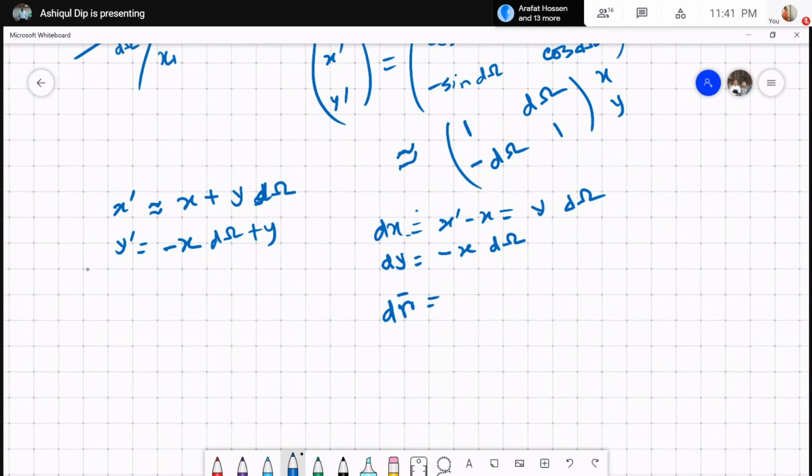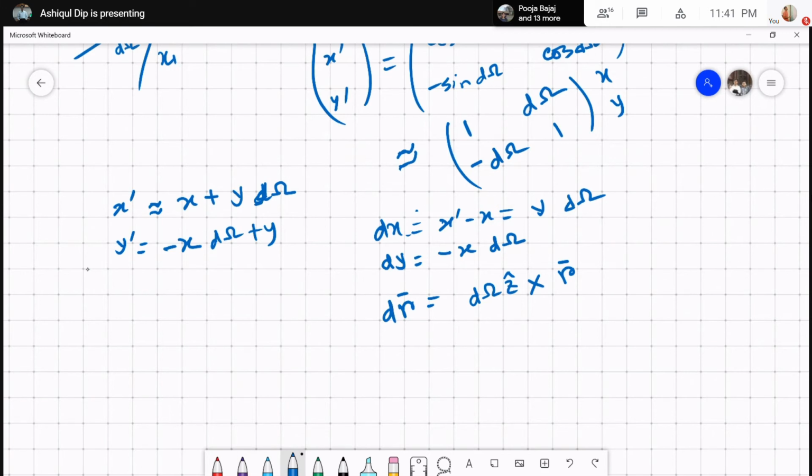Can you suggest some relation that r and omega should have between them? Well, we can write dx i plus dy j, and then we can replace it by d omega z hat cross r vector. Can we write that? Yeah, we can. Okay, great.